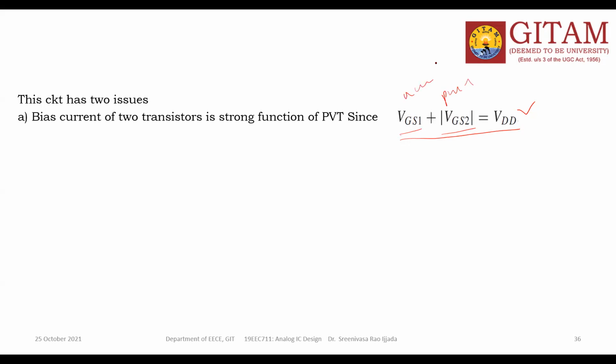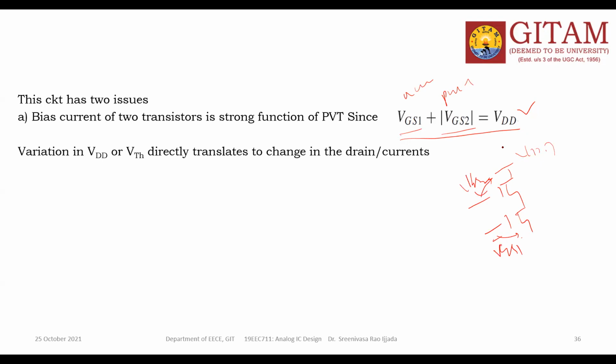So in this circuit, VDD is equal to VGS1 plus VGS2. Variation in VDD or VTH directly translates to a change in the drain currents. Either VDD changes or VTH changes, there is a corresponding change in the drain currents. So that is the first issue.